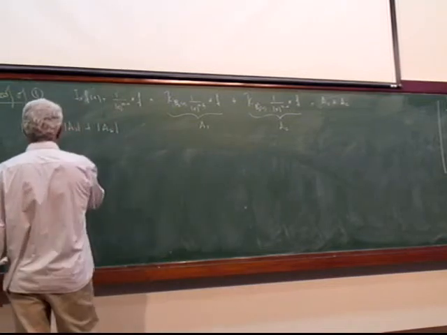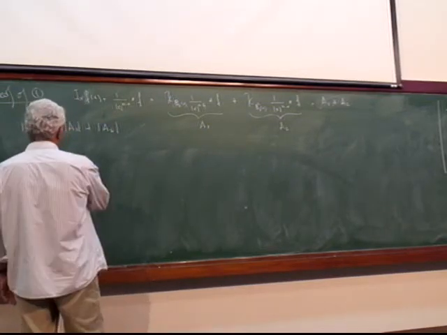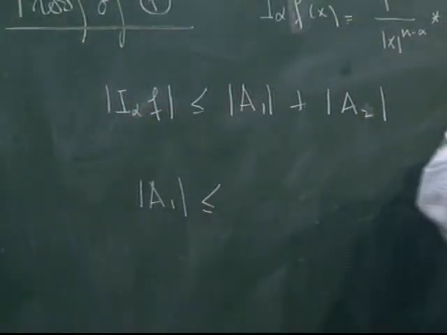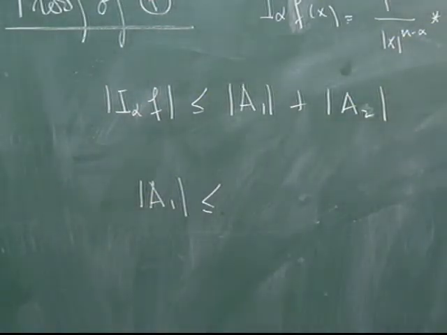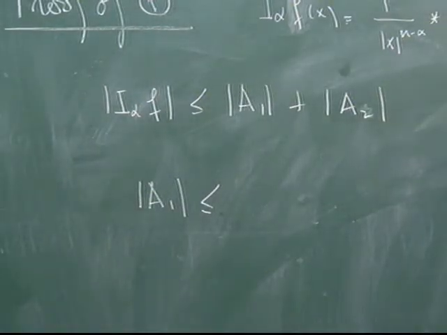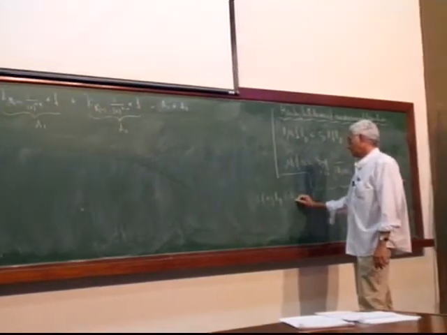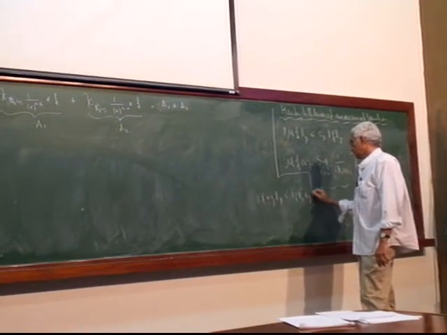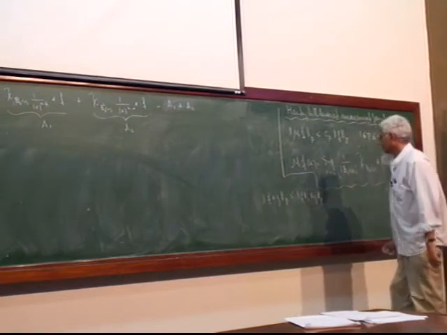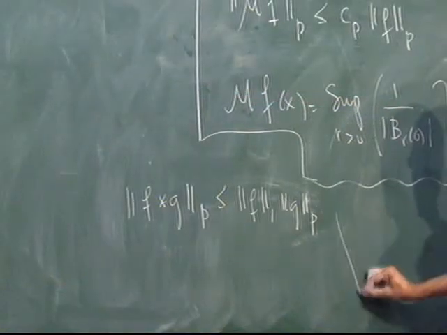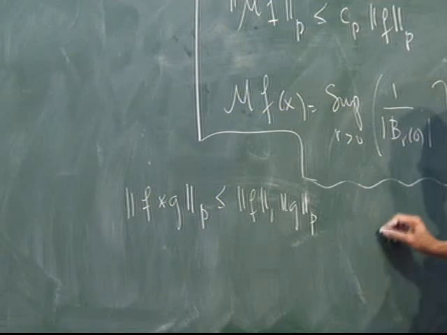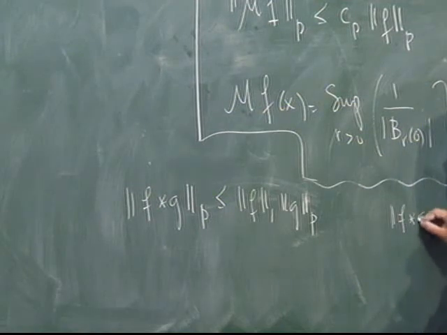Therefore, this is less. When you take f convolution with g in LP, it is less than f in L1, g in LP. Why? Why is this true? Because this is true by Fubini.